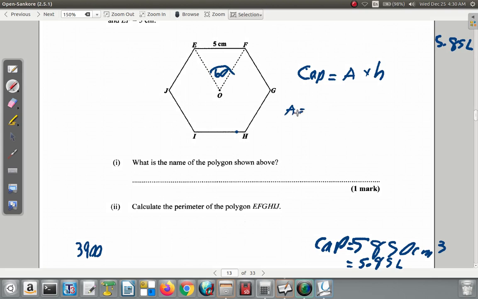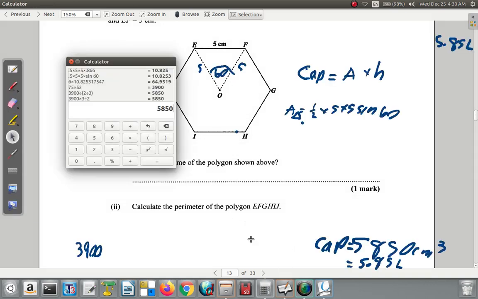So the area of each triangle, and remember this was 5 and 5, half by 5 by 5 sine 60, and the total area was 6 times this. I remember that part. So it was 0.5 by 5 by 5 by, oh, guess what?